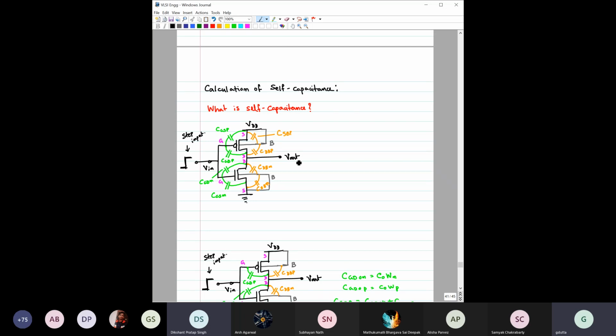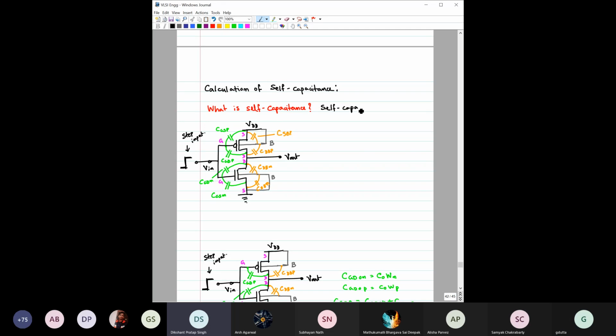Now we have to see what capacitances are associated or connected with this V out terminal. That means this first stage inverter is only loading itself, right? Some capacitive load is coming because of this driver inverter only, right?